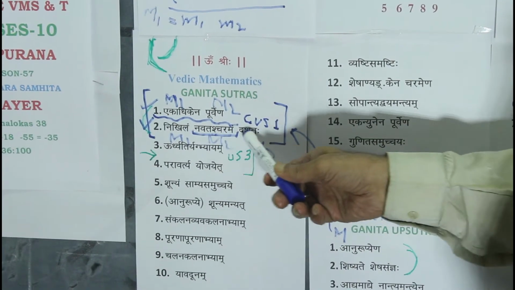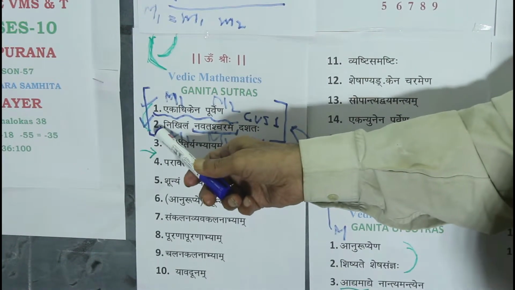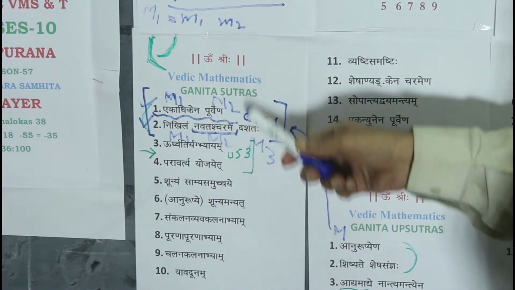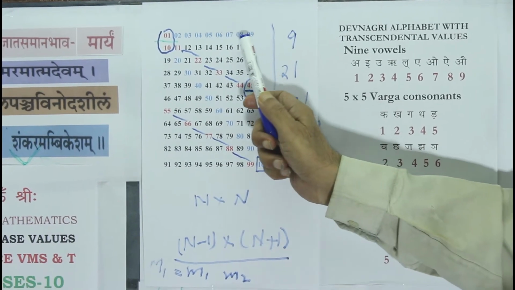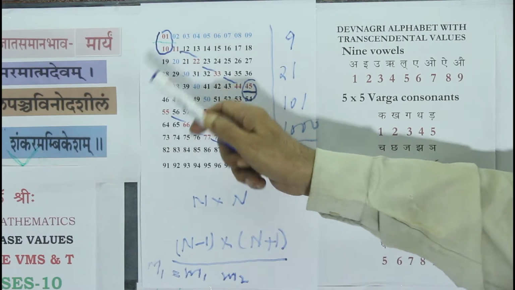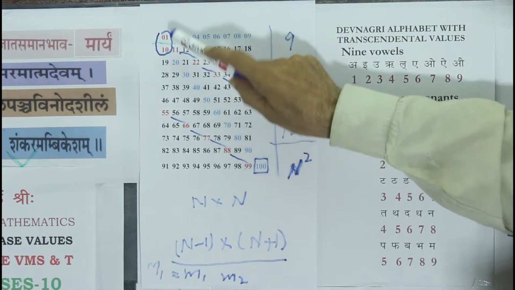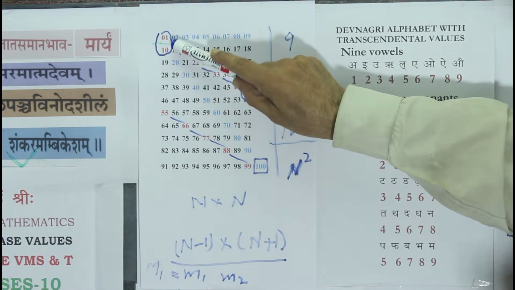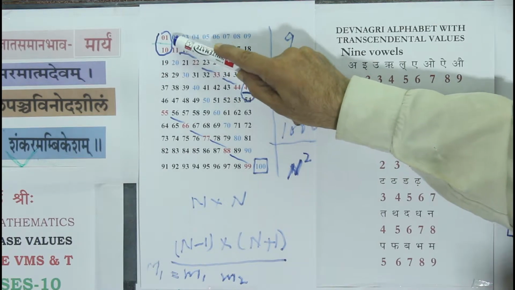Nikhilam Navatashcaramam Dashatah. It essentially means all from 9 and the last from 10. All from the 9 and the last from the 10. It is here where the 10 gets classified and goes to the next class. However, as a double digit number, 01 and 10 constitute a reflection pair.